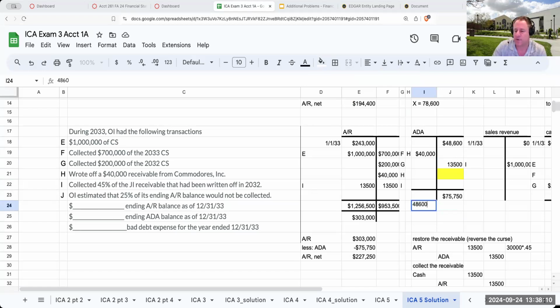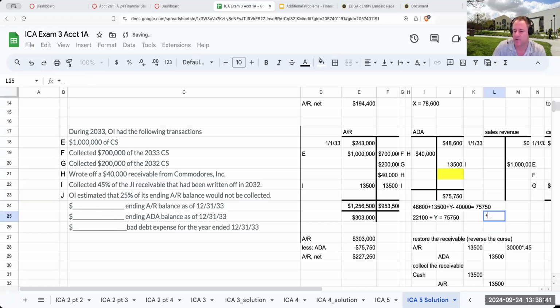So this is going to be 48,600 plus 13.5 plus Y minus 40,000 equals 75,750. Okay, so if I simplify this, this is going to be 22,100 plus Y equals 75,750.